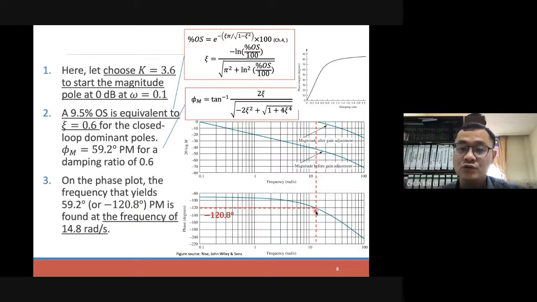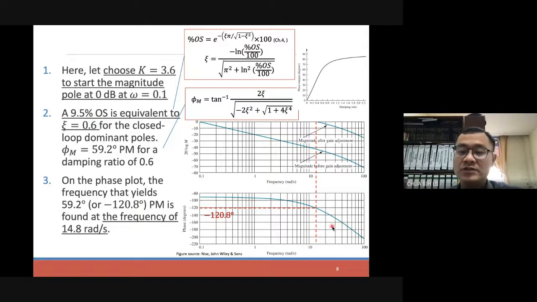Right, so what it means is that at this particular point we would like to adjust this line, or this point, to 0 dB. This is the magnitude that we would want to adjust so that we can achieve an approximate 9.5% overshoot.